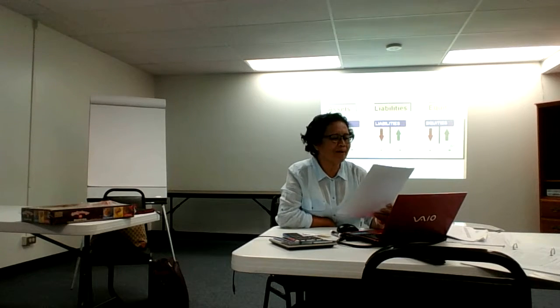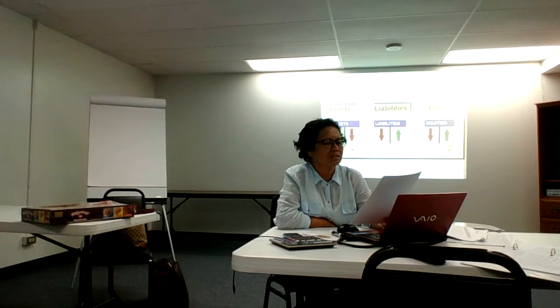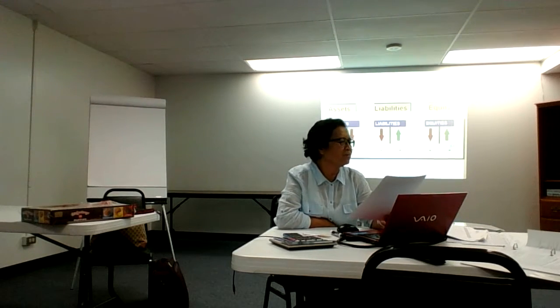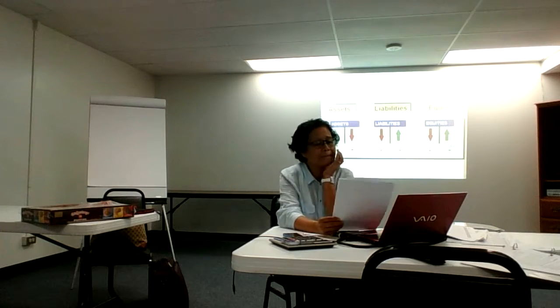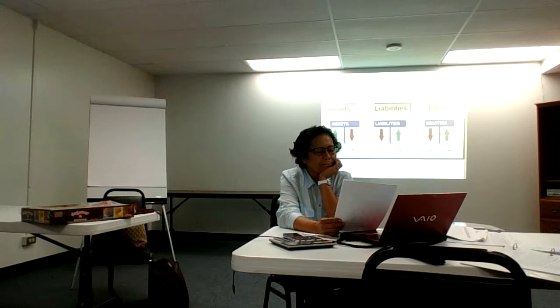So look at number 5. Read it, AJ. The number 5 rule: the effects of debit and credit on assets and liabilities and the normal balances. Assets first.